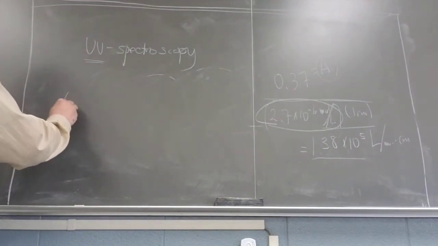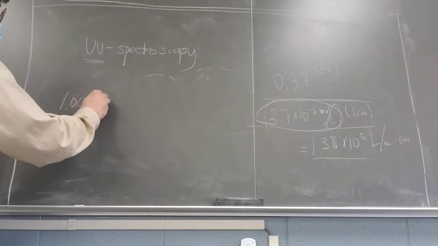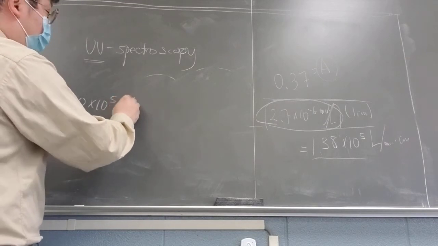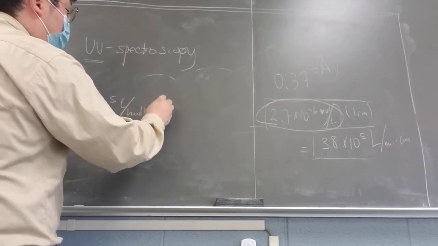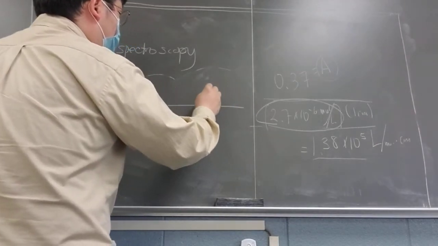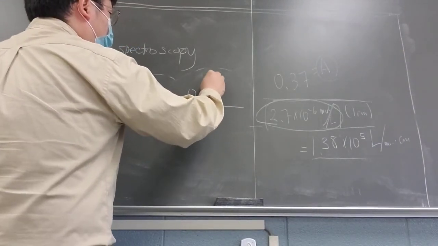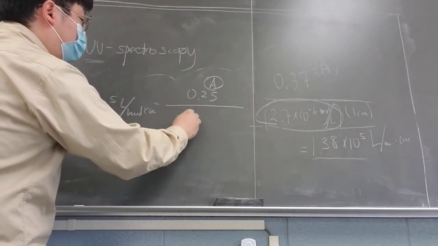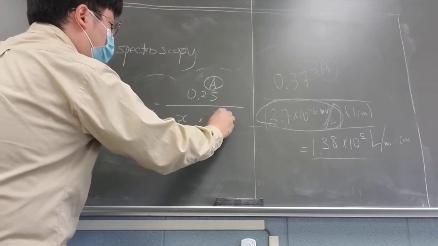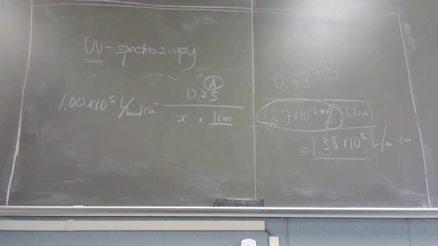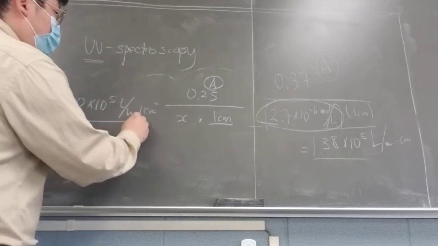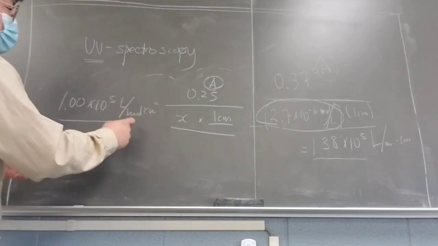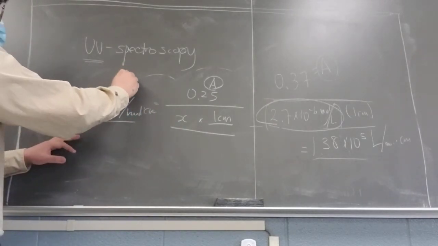If you have 1.00 times 10 to the 5th liter per mole centimeter, and the absorbance is 0.25, and you put the concentration as X, and I'll give you 1 centimeter as path length, so you don't have to worry about it. Then you just solve for X, and you can tell me the concentration is X molar.